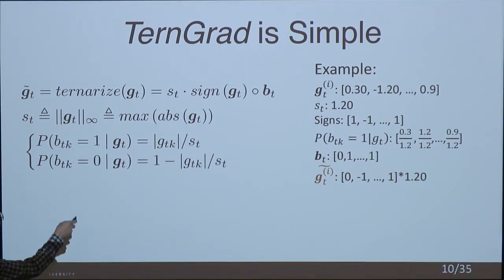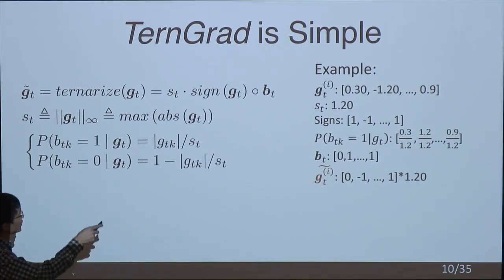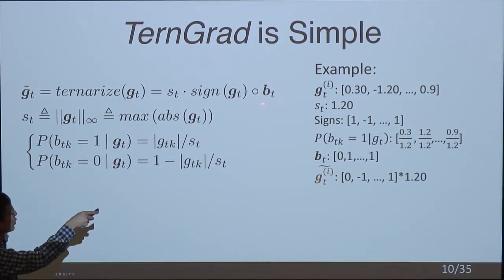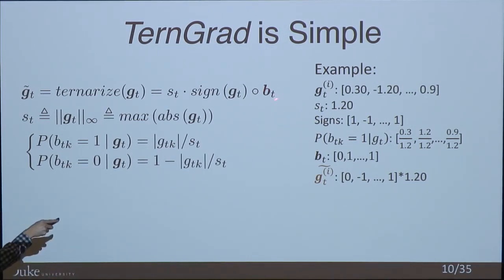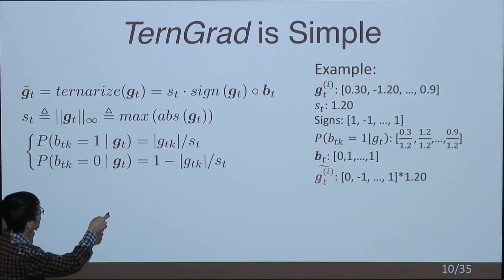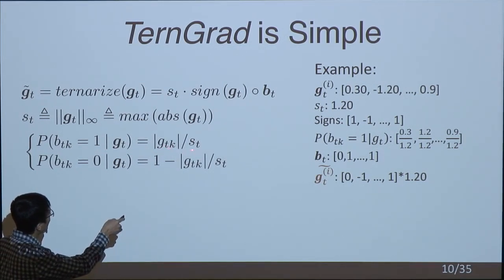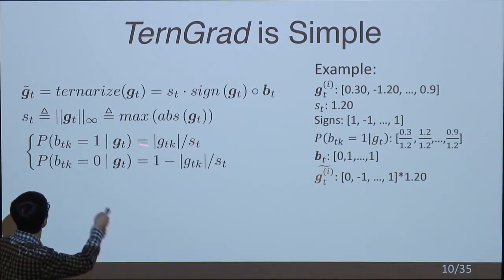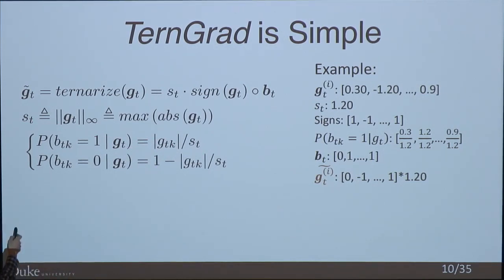So we have those two parts, and then we do element-wise multiplication with the binary code, which is either 1 or 0. But this one is a random variable, basically a Bernoulli distribution. The probability for each element of being 1 is just the absolute value of the gradient over the maximal scalar here. What is k?